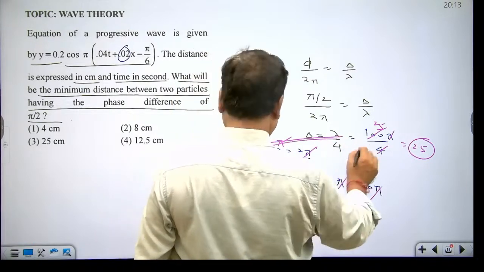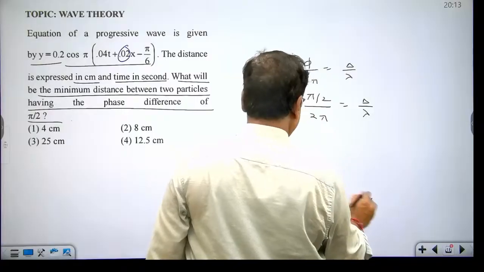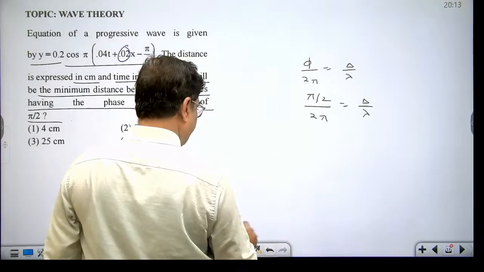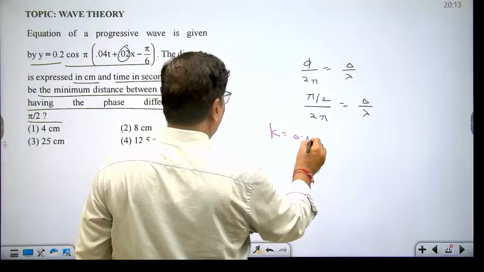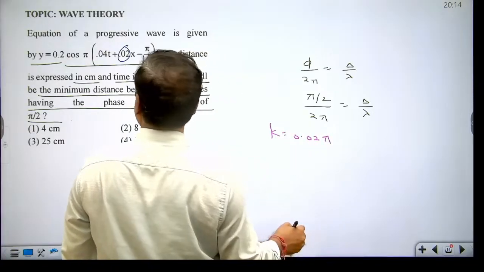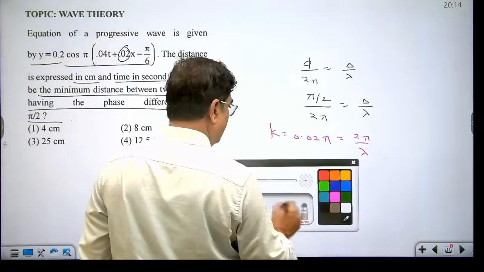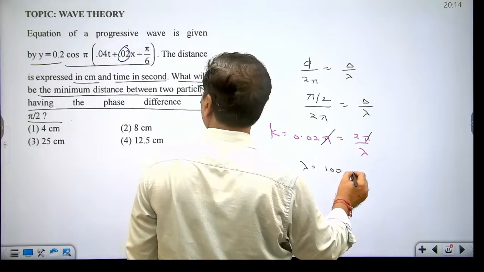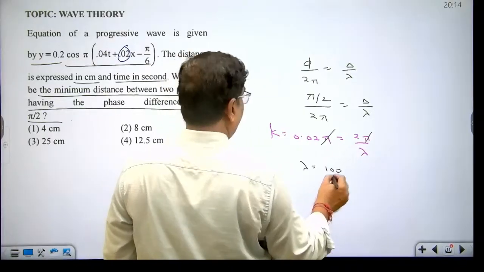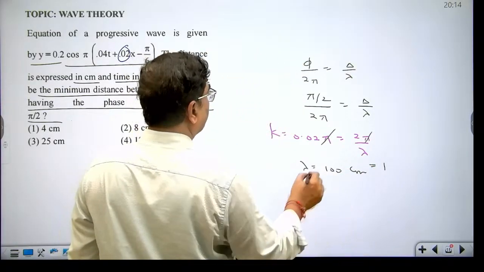Let's do it again. In this equation, k equal to 0.02 pi, okay, and k is what? 2 pi upon lambda. So pi will get cancelled. Lambda equal to 100 centimeter. This is 1 meter, okay.